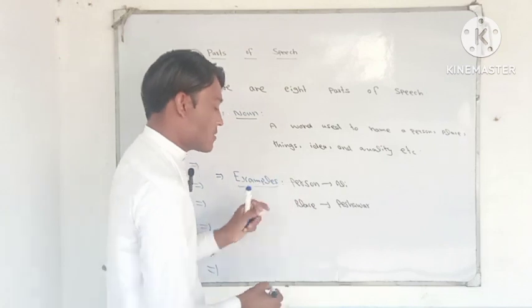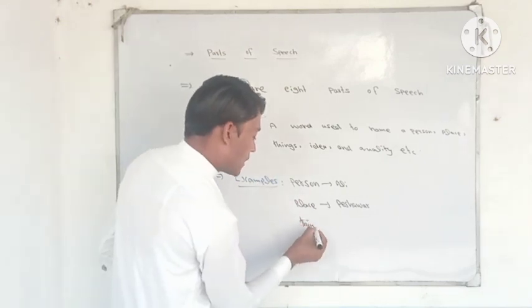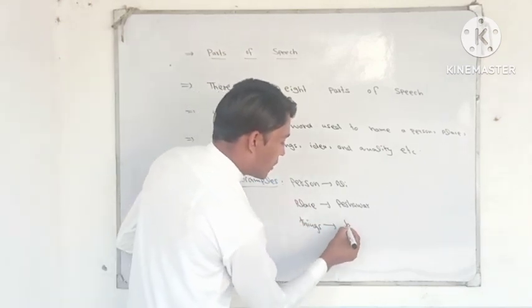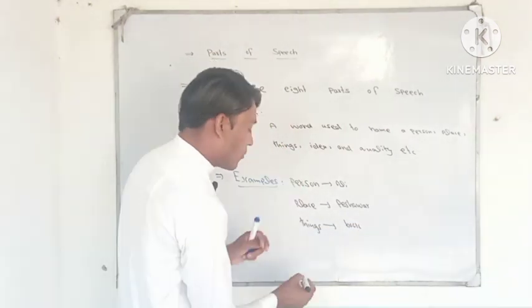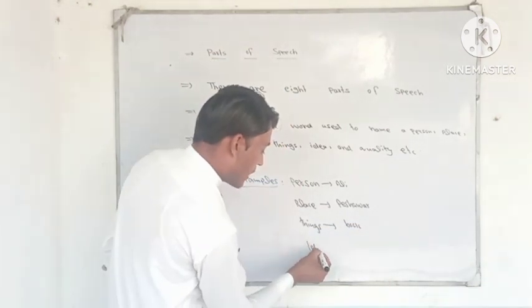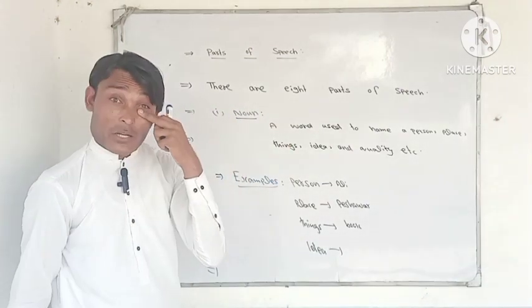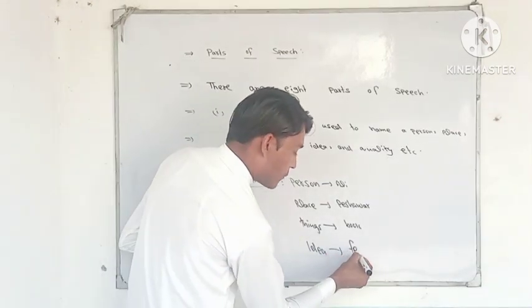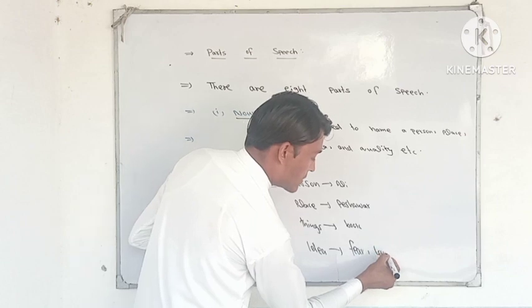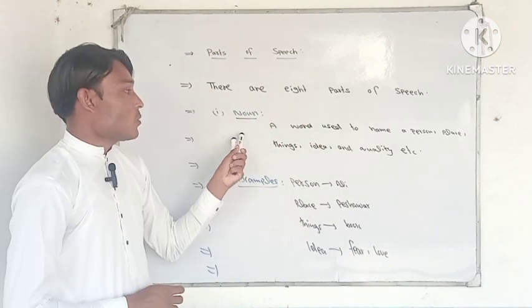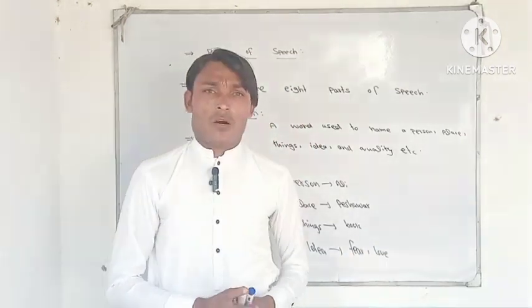If we talk about things, we can say book. And if we talk about an idea, we can say fear, or love, etc. So this was about noun.